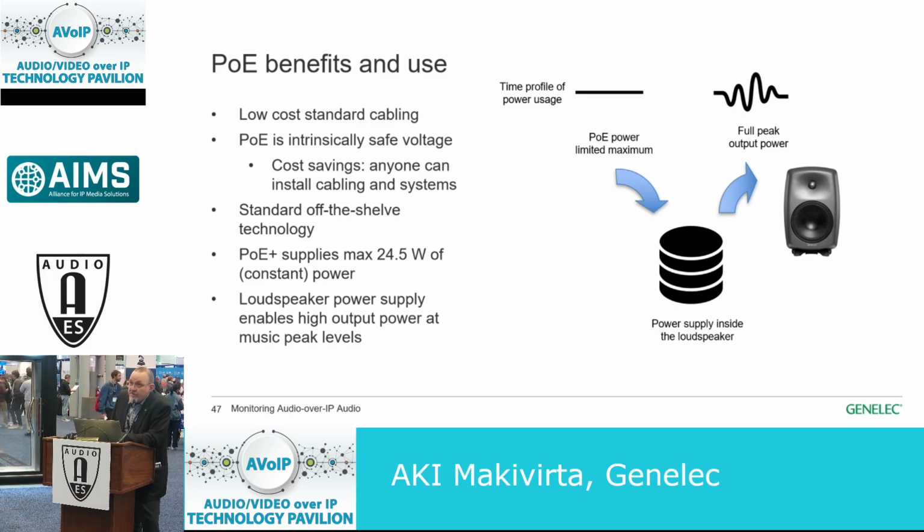So you need a local power supply in your loudspeaker that enables you to reproduce these high power peaks without being limited by the capacity of this PoE network, so that you can live with the dynamics that you typically have in audio signal. You can deliver the high peaks, and you can still accept power into the device through the Cat5 cable at the constant rate that is possible for the cable.